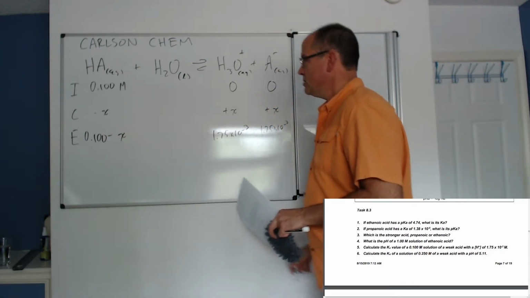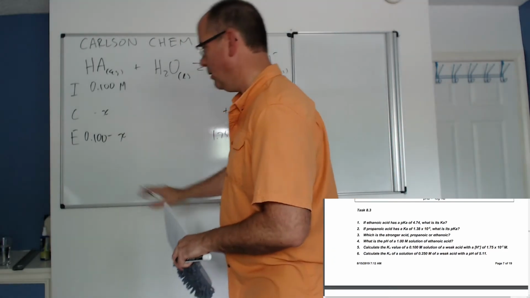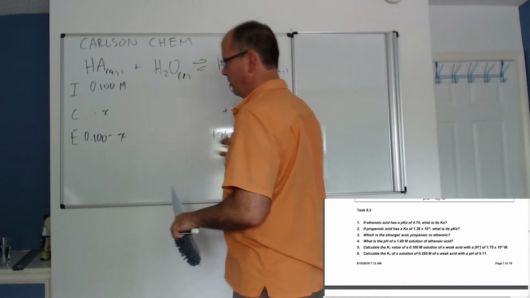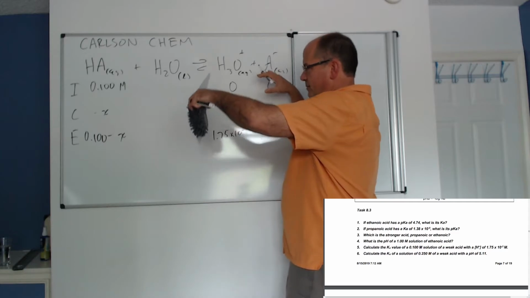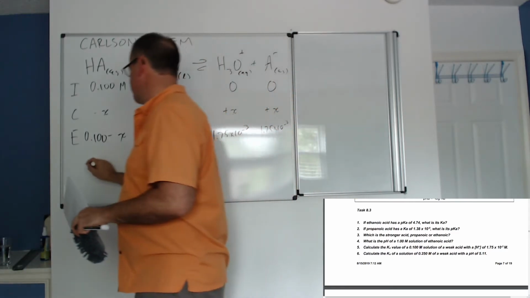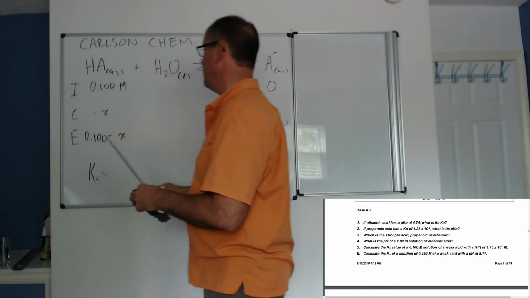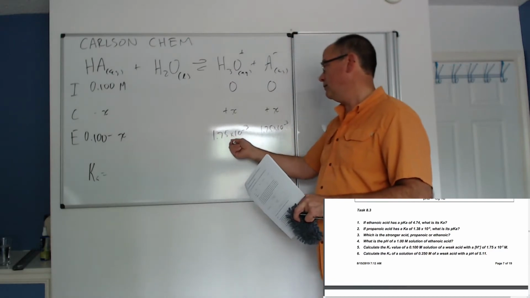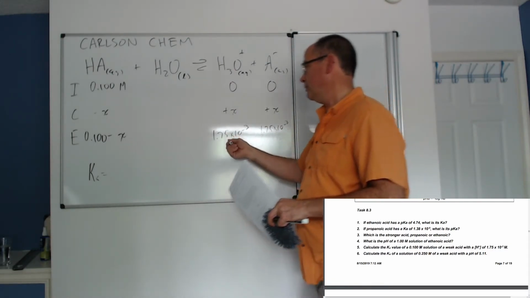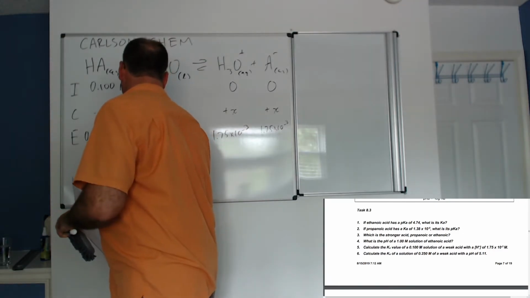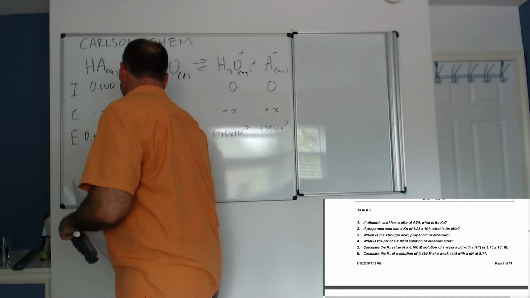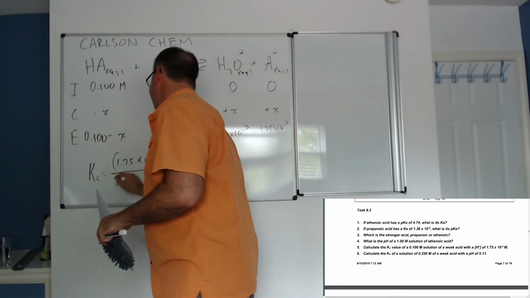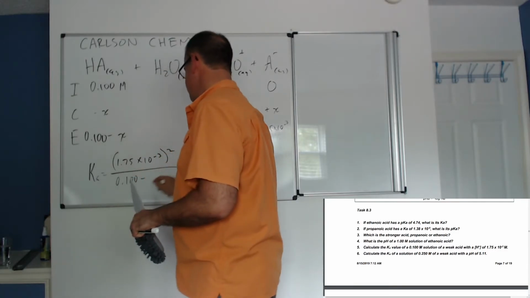Okay? So again, those of you who are already light years ahead mathematically than I am, you already know that you don't have to do all of this to understand that Ka is going to be this number squared, this X, 1.75, because that's how much came across, over 0.1 minus this number.